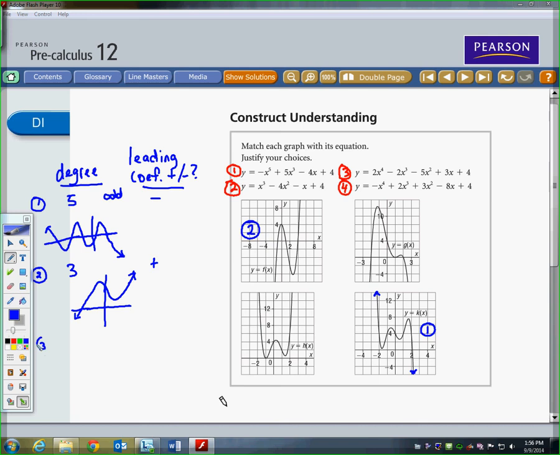Number 3, let's take a look at it. Y equals 2x to the fourth, so it's of degree 4, and the leading coefficient is positive. So these were odd. So odd, 5 and 3 are both odd. Odd, you can see, one goes up, one goes down. One goes down, one goes up. When it's even, they're going to be the same. They're either both going to go up or they're both going to go down.